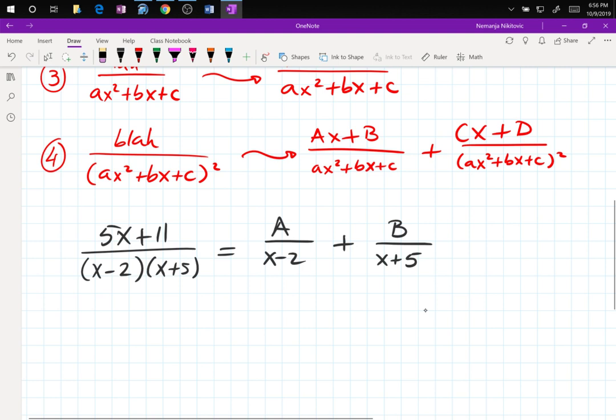Okay, so now the only thing I can do here is cross multiply to find common denominator. So when I cross multiply, I get x minus 2 times x plus 5, and in the numerator, I get Ax plus 5A plus Bx minus 2B.